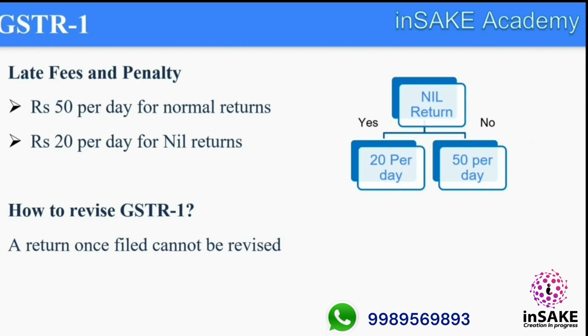The possible way of correcting the mistakes made in an earlier month is only one way. We can't go back to the original return.